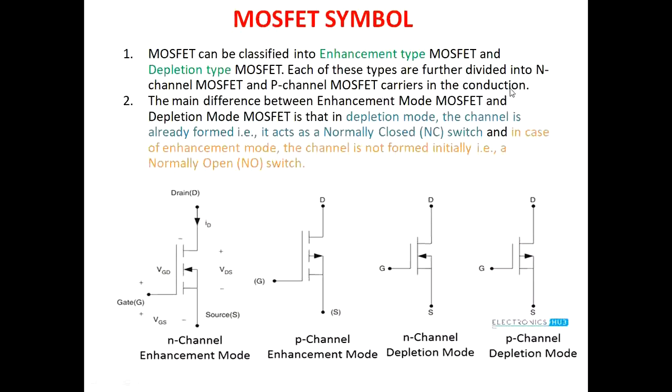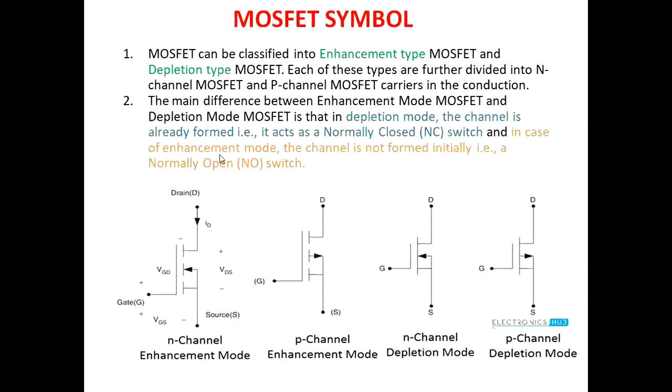These are the carriers in the conduction. The main difference between enhancement MOSFET and depletion MOSFET is this: in the depletion mode, the channel is already formed, so it acts as a normally closed switch.